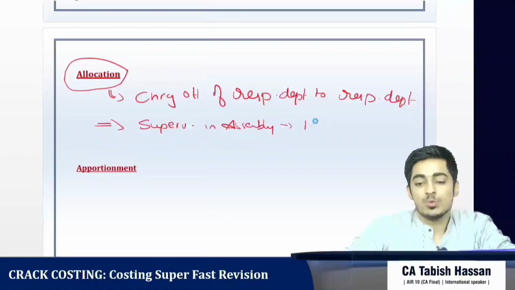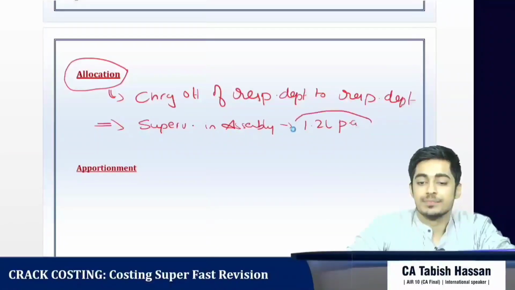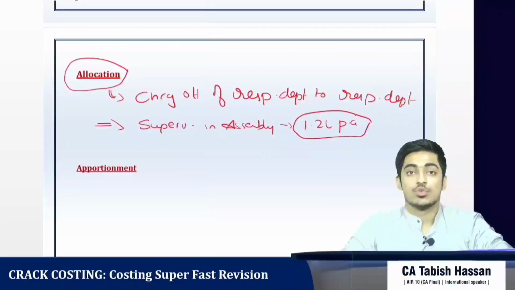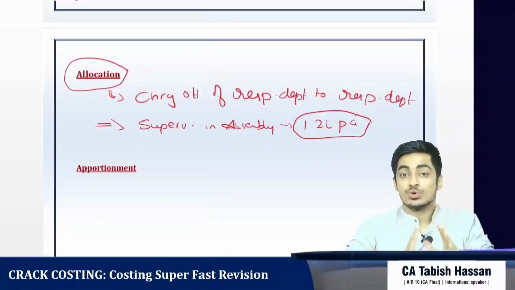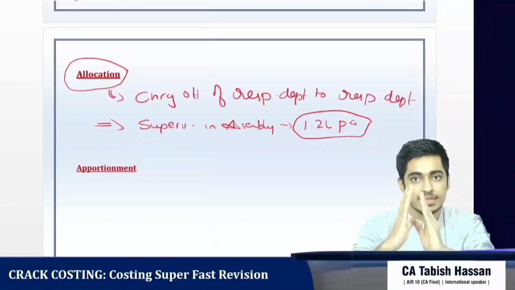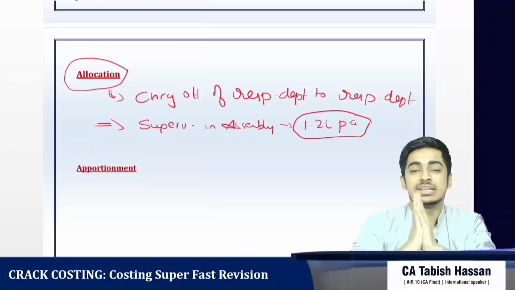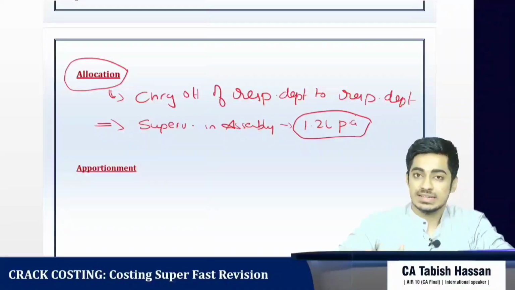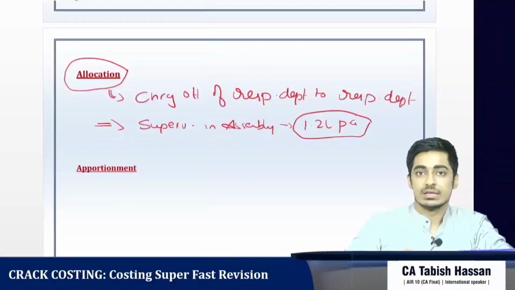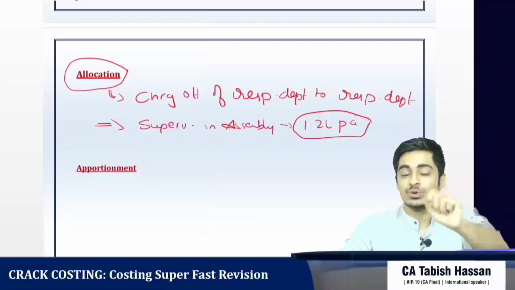So we pay him 1.2 lakh per annum. So we know this 1.2 lakh per annum cost incurred is only for one department. The amount can be certainly ascertained for that single department.